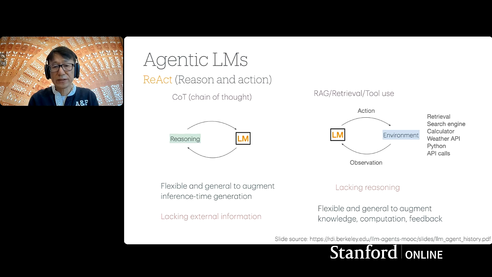Then doing an action uses methods we have seen in previous slides, such as retrieval or a search engine, using a calculator by making an API call, or different types of API calls such as the weather API that we have seen, and also generating Python code that you can run as part of your sandbox. By combining reasoning and action, the model can do a lot more complex tasks than a simple input and output type of interaction.